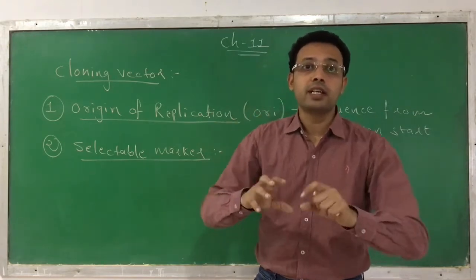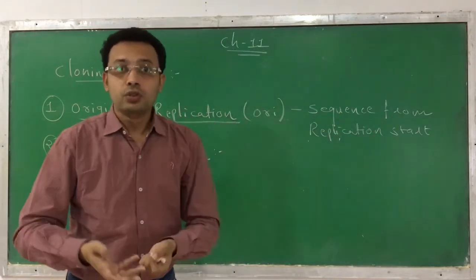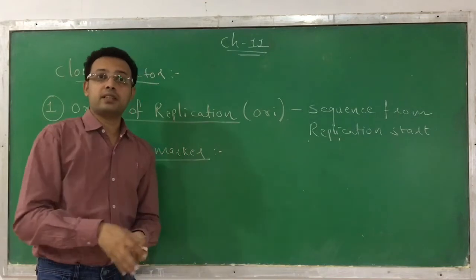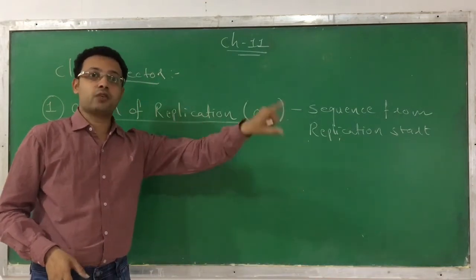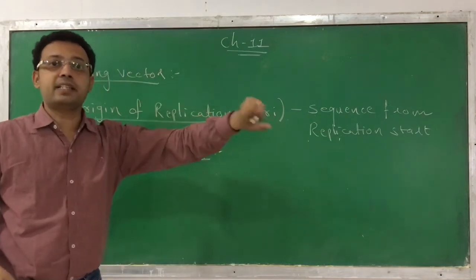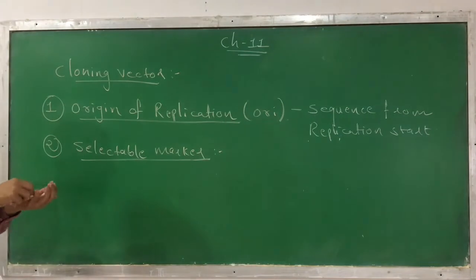Those bacteria in which the change has been done are allowed to grow, and those bacteria in which the change is not there are identified and eliminated from the genetic engineering process. So this is the function of the selectable marker.